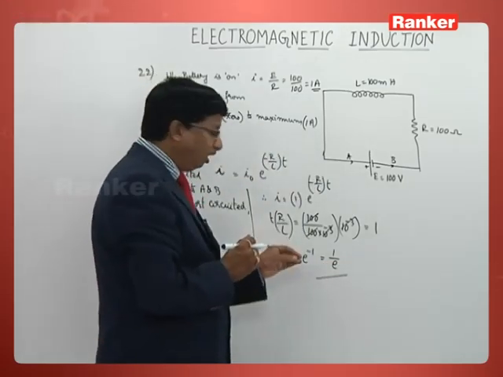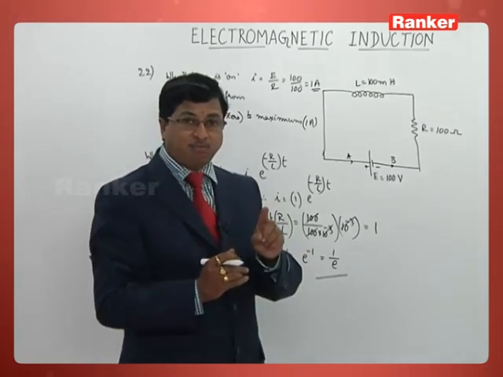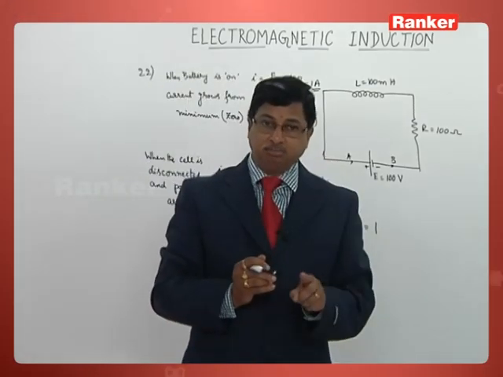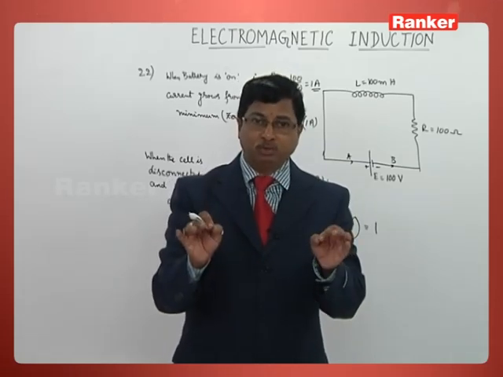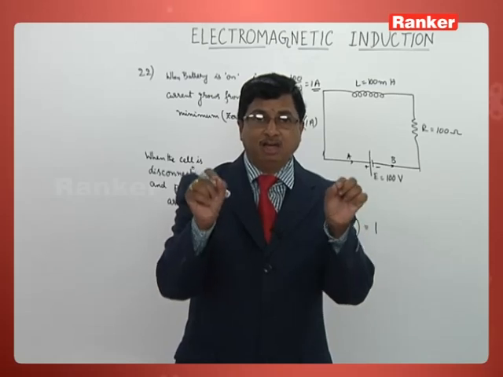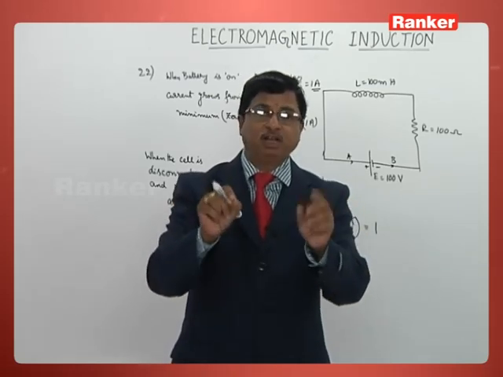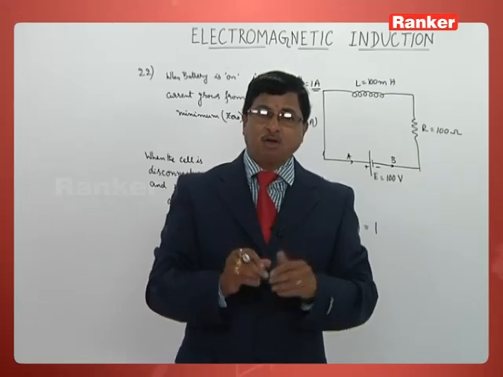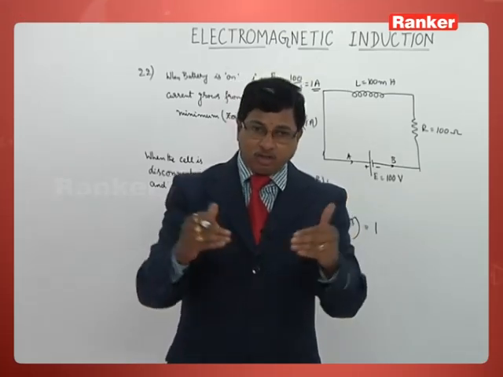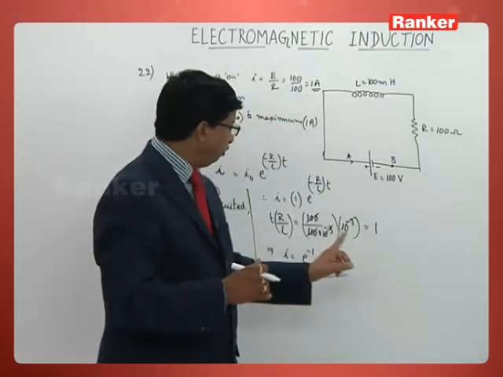So what will now be the current after 1 millisecond, after short circuiting the points A and B, removing the cell? That is the question he is asking. So after removing the cell and short circuiting the system, this is going to be the current.